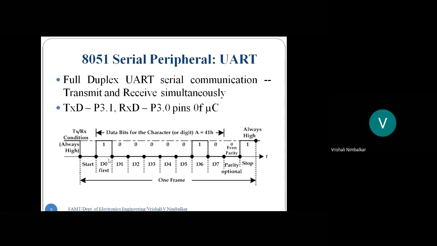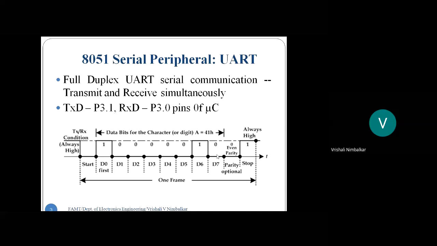These 8 data bits are packed between one start bit and 1 or 1.5 stop bits. At the beginning there is a start bit, and that start bit is logic 0. Then comes the D0 bit, D0, D1, D2, D3, D4, and so on up to D7.